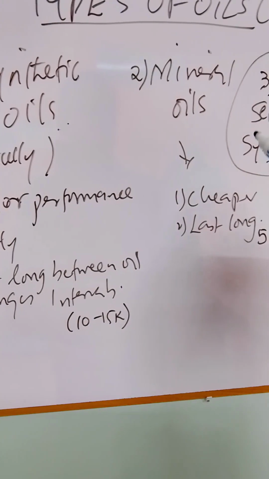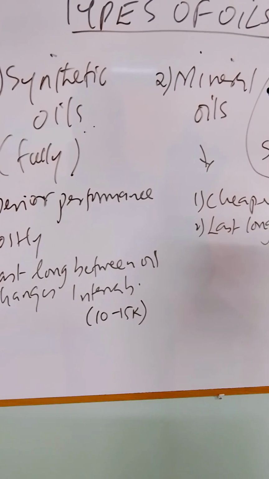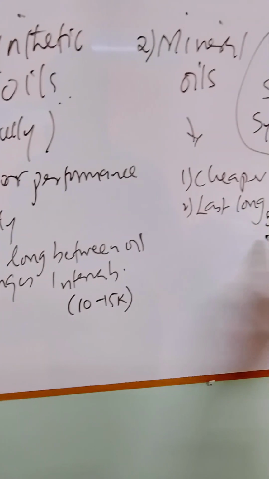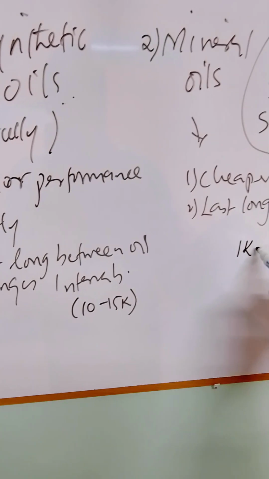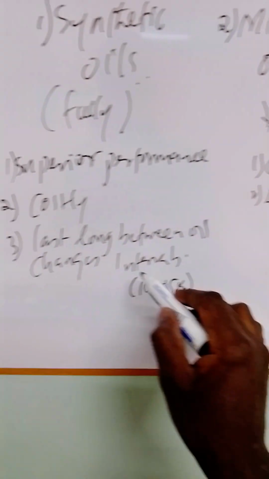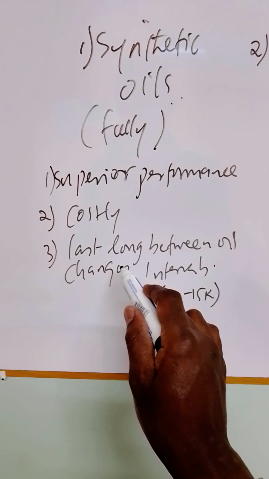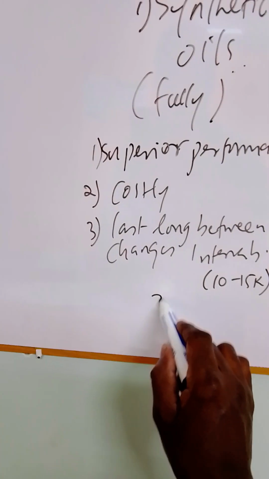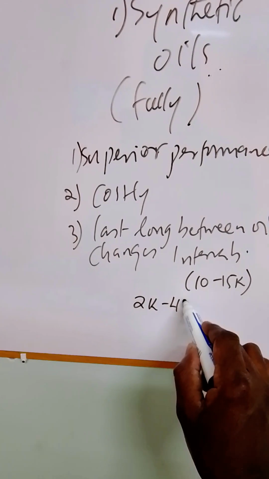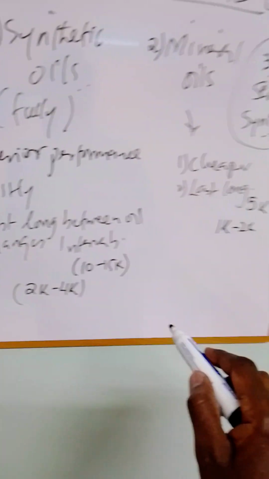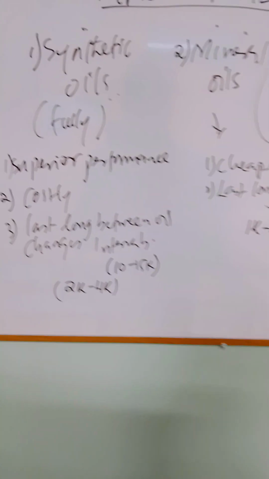And in use for motorbikes, the mineral oils do about 1k to 2k max. And for the fully synthetic, it's about 2k to 4k max kilometers. So that's the other difference.